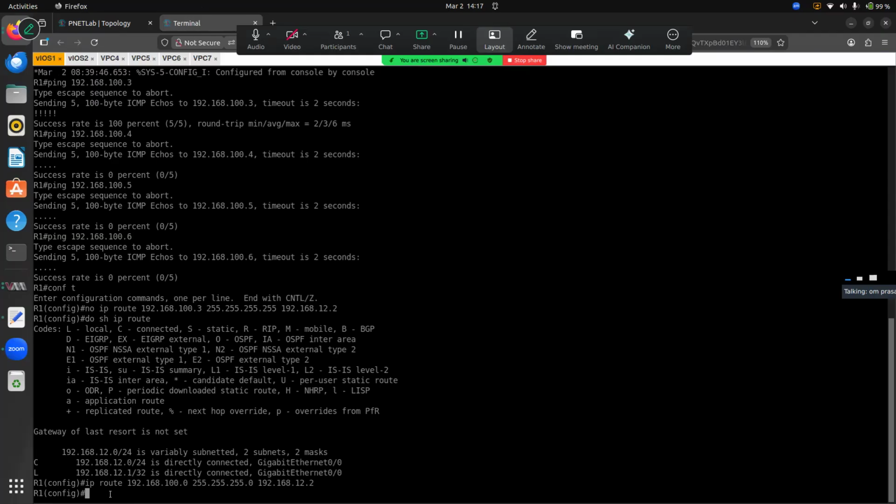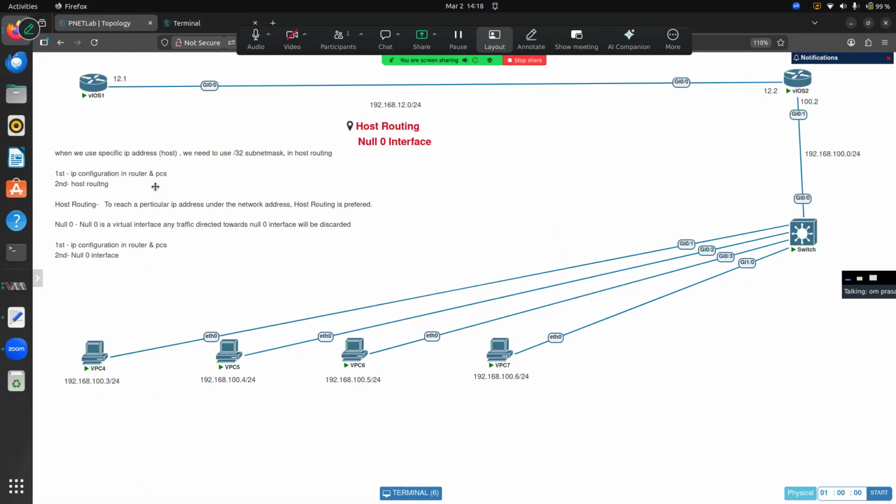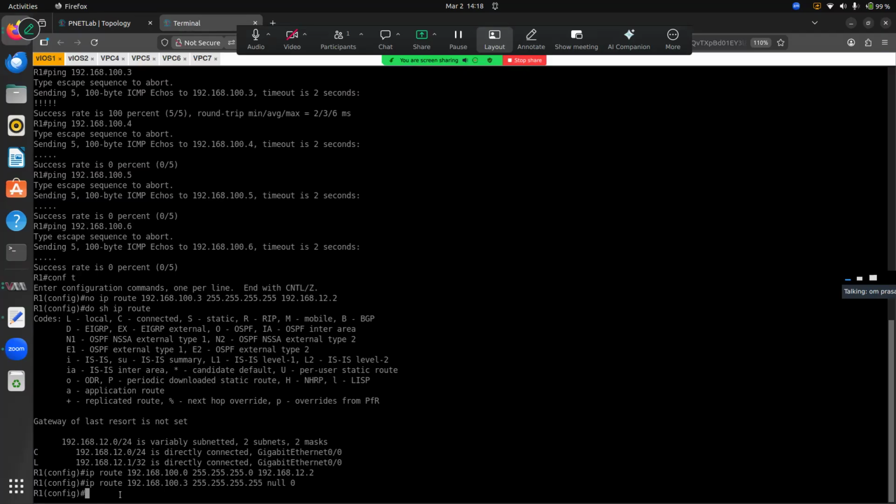For that, I'll use ip route 192.168.100.3, also I have to give the highest subnet mask, 32. Then I have to use null zero because I'm converting it into null zero. Then I'll send packets to these PCs.